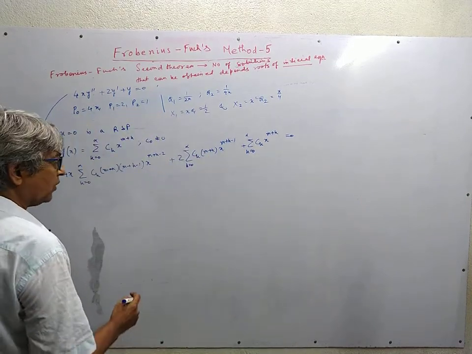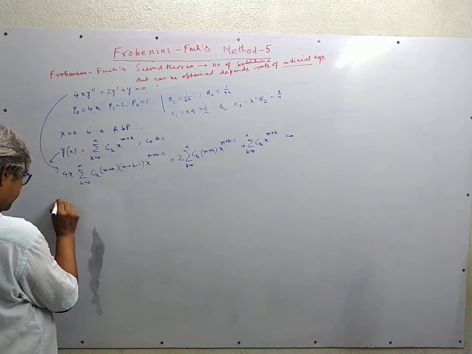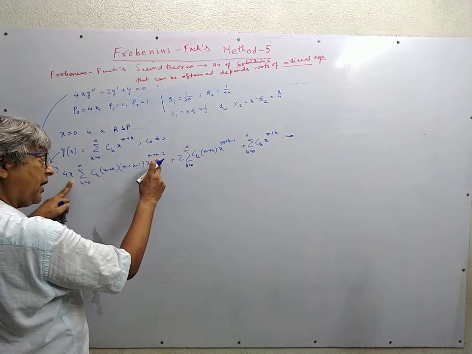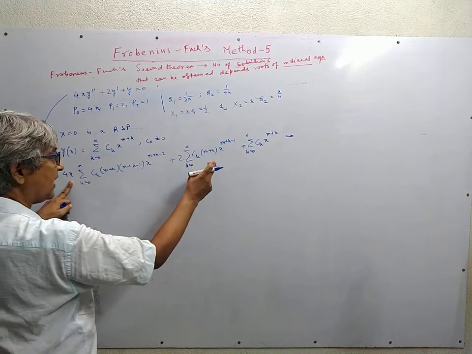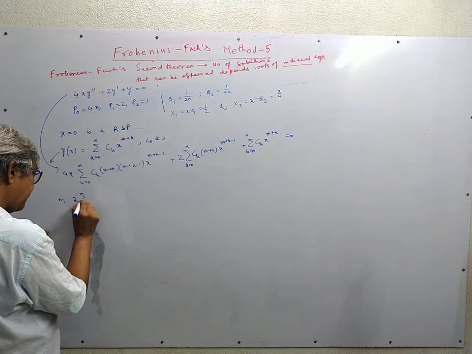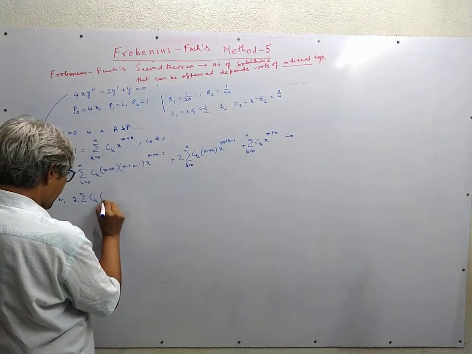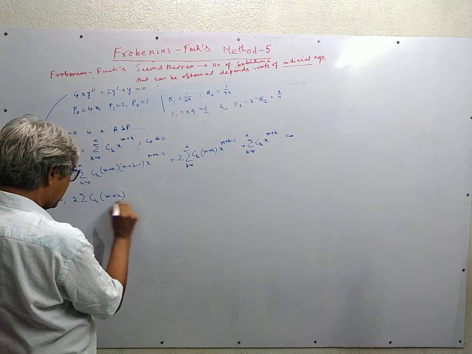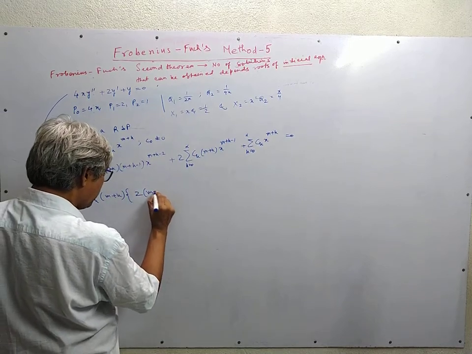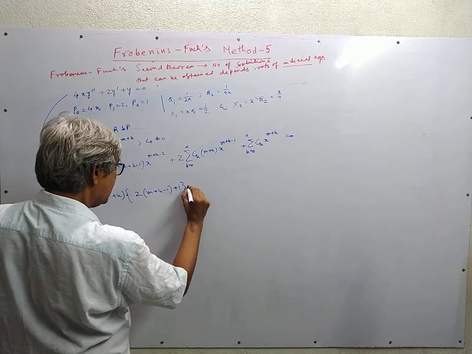We collect the coefficients. You see that this power is x to the power m plus k minus 1. This term has the similar power. So we take 2 summation over c_k, m plus k is common, so m plus k is taken common. Then this term is 2 times m plus k minus 1 plus 1.